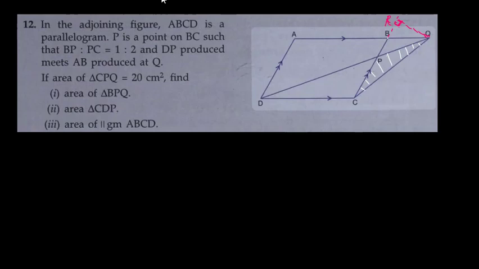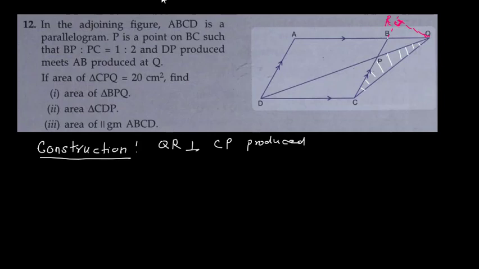Let us see how I am doing that. So here we have done a construction: QR perpendicular to CP produced.